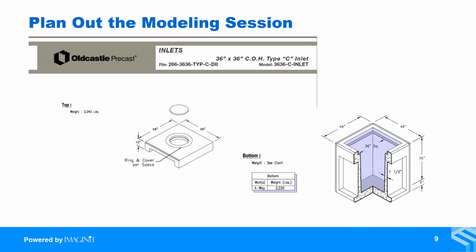Get the hang of this. Start to understand how it works. I promise you, you're going to end up modeling the same part a couple of times before it works. So start small. Pick something easy. In our case, it's a rectangular inlet, 48 by 48, 36 inches tall, 6-inch wall thicknesses, and a 6-inch base.